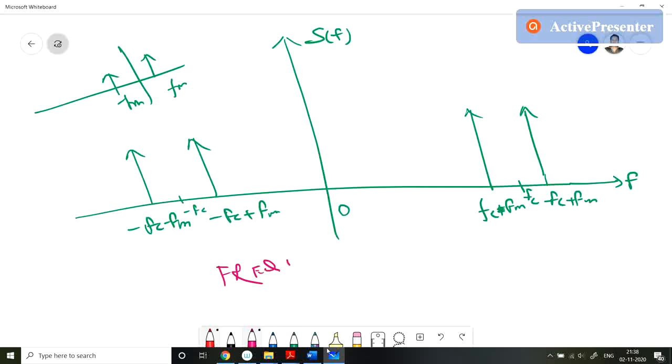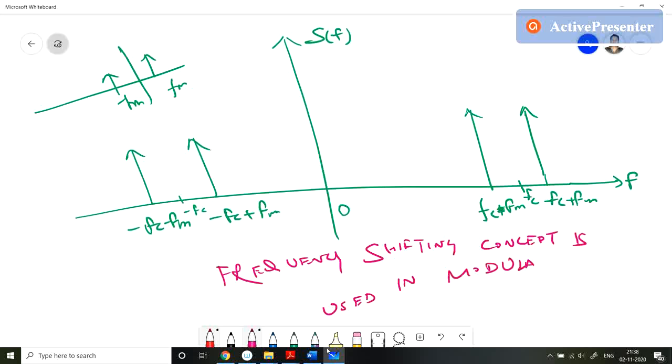So this frequency shifting concept is used in modulation.